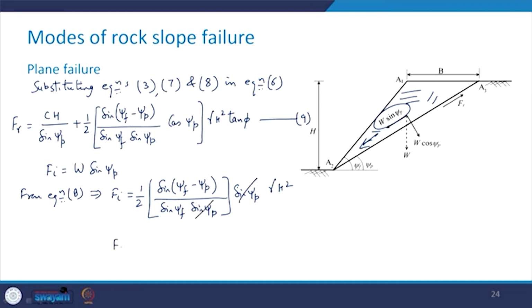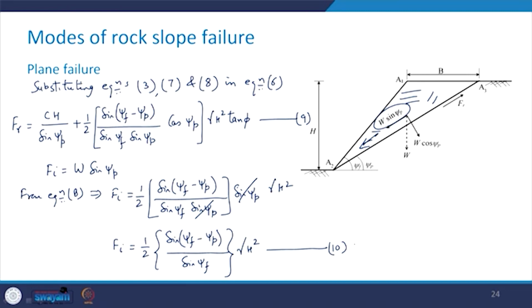So, you will get Fi as half sine psi f minus psi p divided by sine psi f, this whole quantity multiplied by gamma h square. This is going to be our equation number 10.